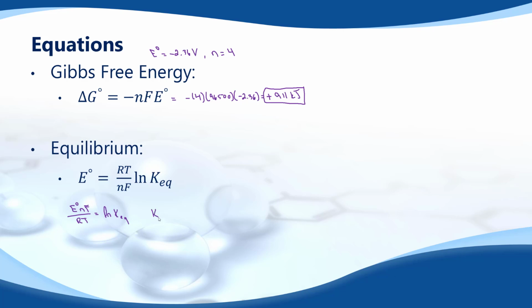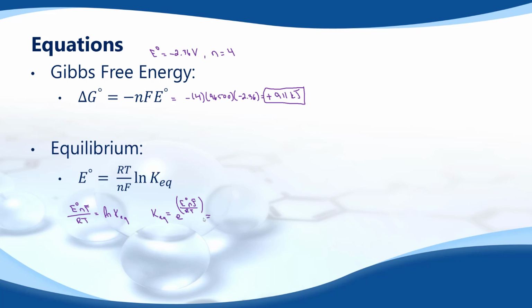So K eq is e to the E standard and F over RT. Now, keep in mind, which R do you think we should be using here? Right, we should be using energy R when we go and do this.